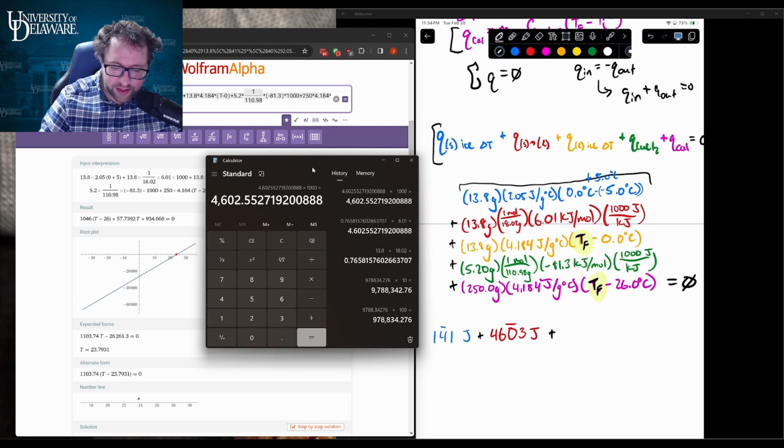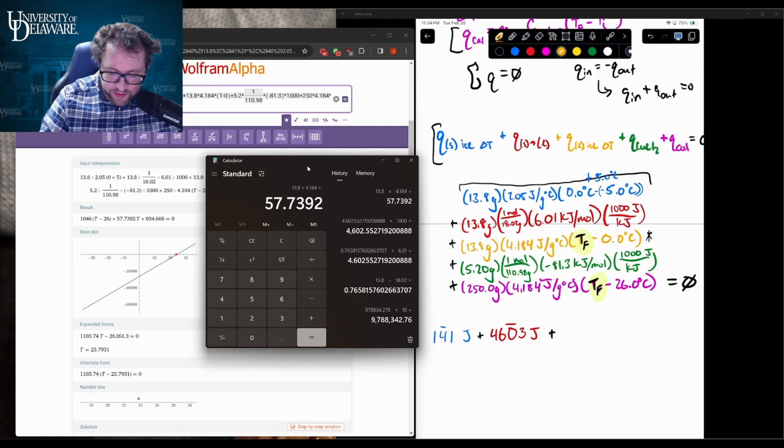All right. So now things get a little complicated with this one, right? So when I multiply this out, I'm going to end up with 13.8 times 4.184. So this is going to look like 57.74 joules per degree Celsius.